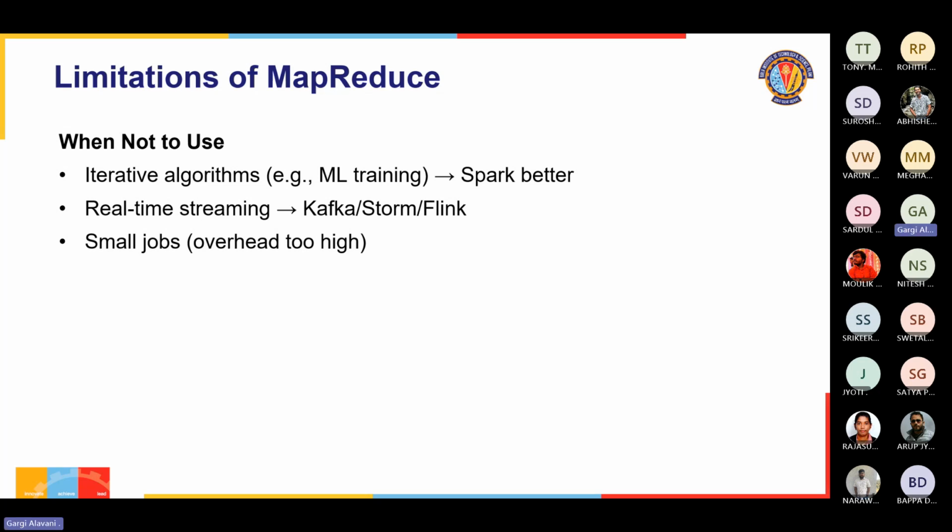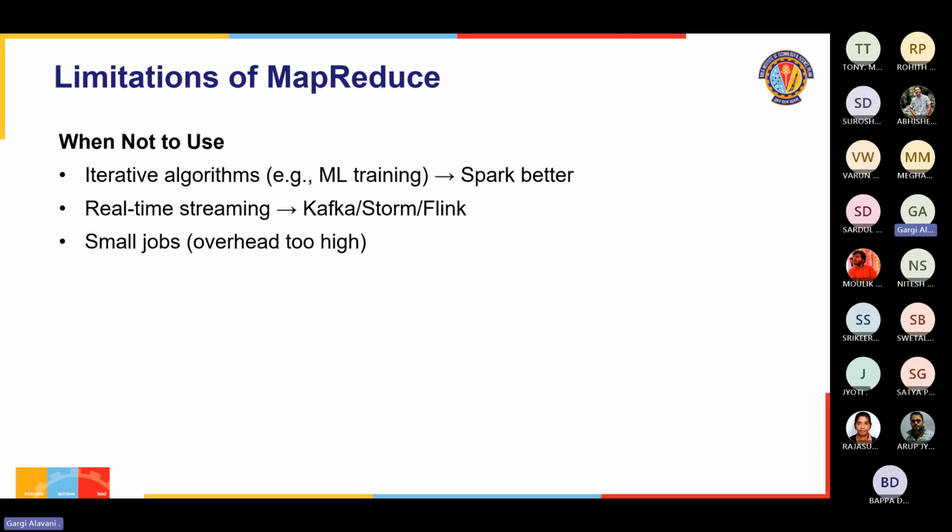The third one is where you have small jobs. Each MapReduce job has a significant startup overhead. That is, starting takes a lot of time. The framework must schedule tasks, set up containers, manage splits, and handle coordination. So for small data sets and short computations, this overhead dominates the actual work.